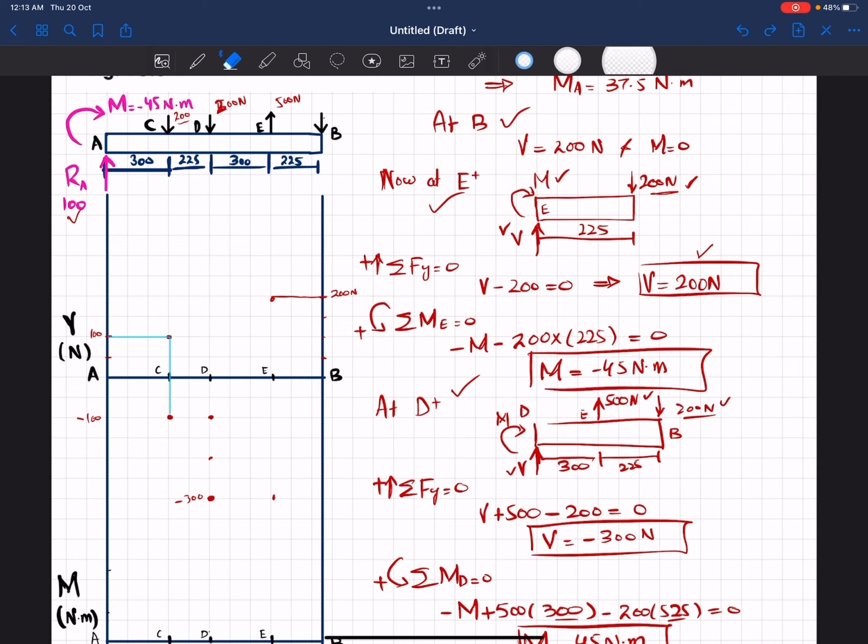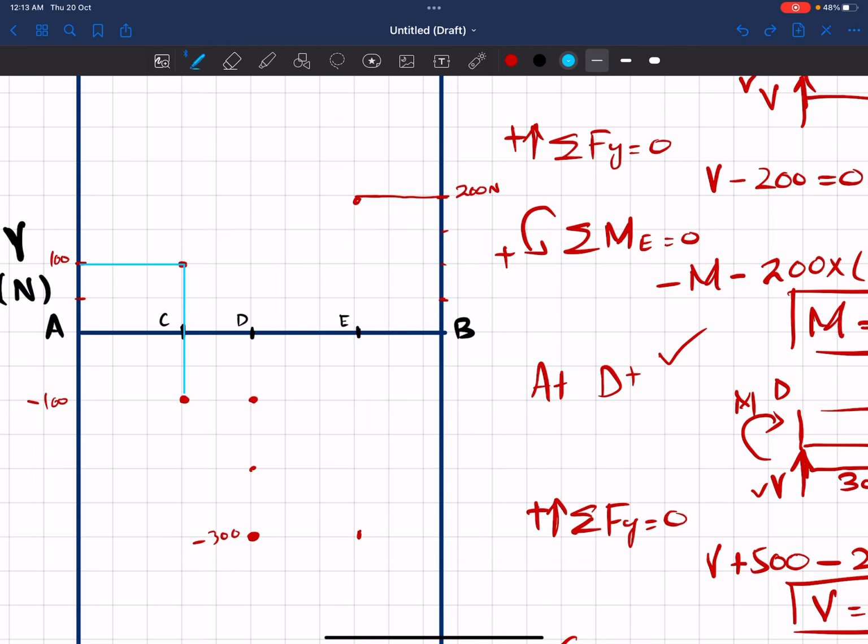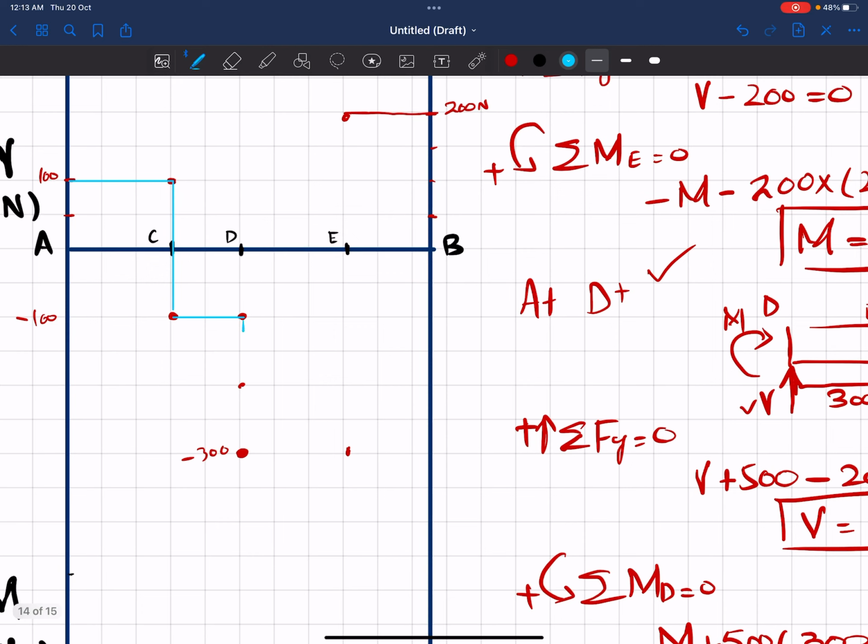Similarly at D there is a vertical line, and from D to E it is a horizontal line.